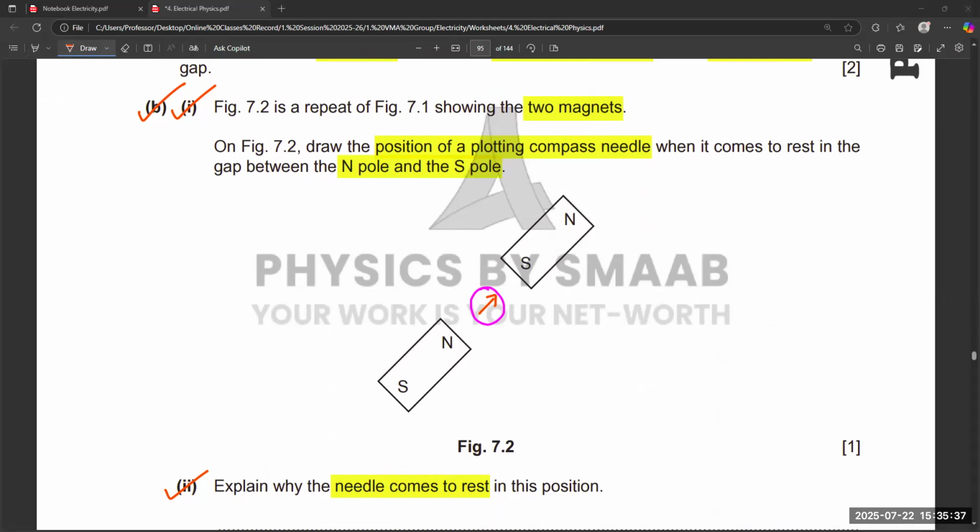Basically, we know that the magnetic field flows from the north to the south pole, and when we place the compass in the middle, there is a uniform magnetic field at a fixed point.